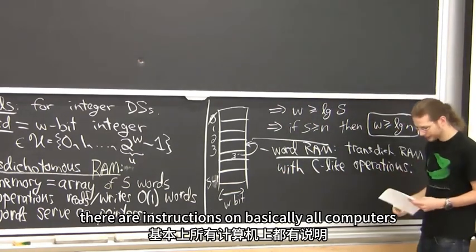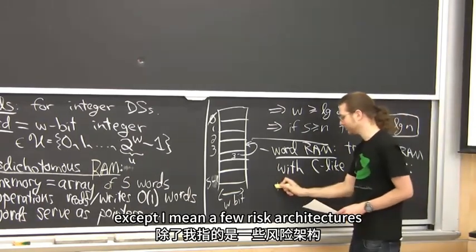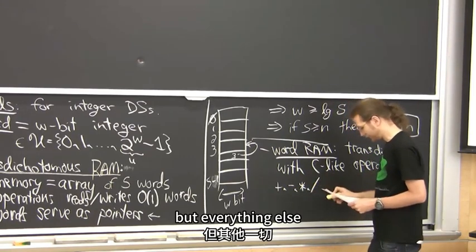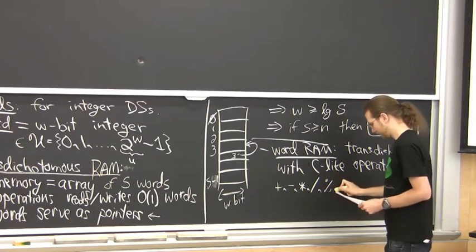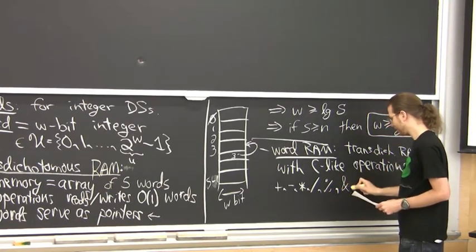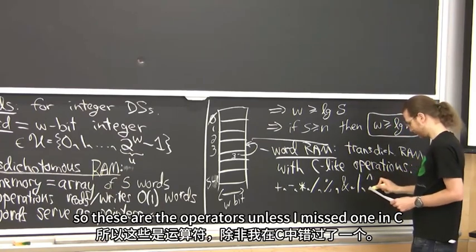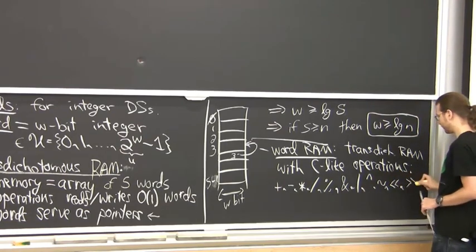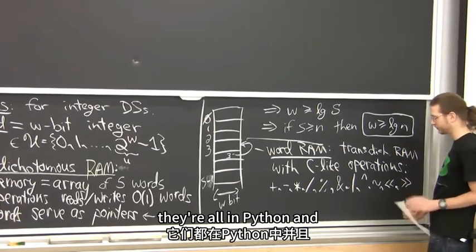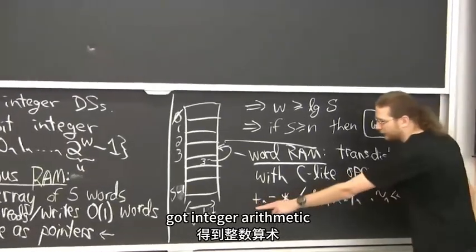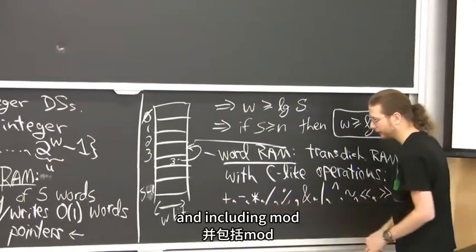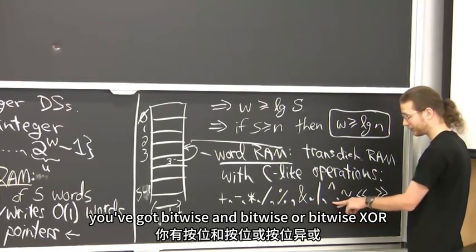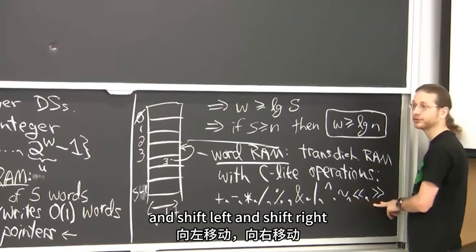There are instructions on basically all computers, except a few RISC architectures that don't have multiplication and division, but everything else is on everything. So these are the operators, unless I missed one in C. They're all in Python and pick your most languages. You've got integer arithmetic, including mod. You've got bitwise AND, bitwise OR, bitwise XOR, bitwise negation, and shift left and shift right.